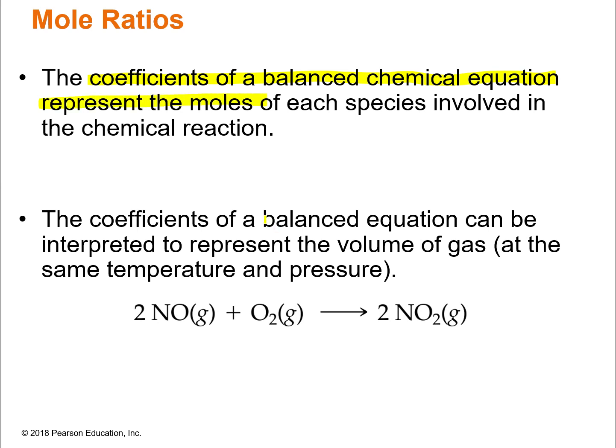When we have a balanced equation and we only have gases present, then they can also represent the volume of gas as long as we're at the same temperature and pressure.